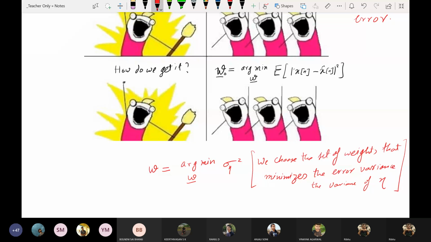Fine? I have a doubt. Shouldn't the variance of eta be something inherent to the system, if we are considering sequential data, a point process? But we don't know the weights, and with different weights the variance of eta will change. That's why we are minimizing it, right?